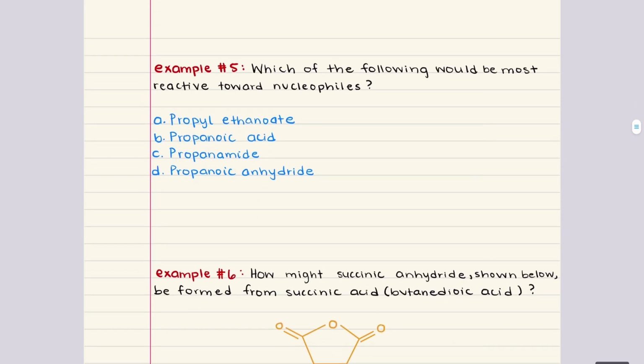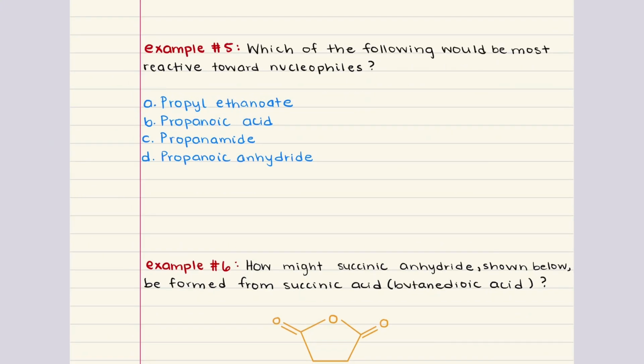Problem 5 says, which of the following would be most reactive towards nucleophiles? Looking at the answer choices, we notice that we're comparing an ester, a carboxylic acid, an amide, and an anhydride. To determine which compound is most reactive towards nucleophiles, we're going to focus on 2 factors: how electrophilic the carbonyl carbon is, and how good the leaving group is.